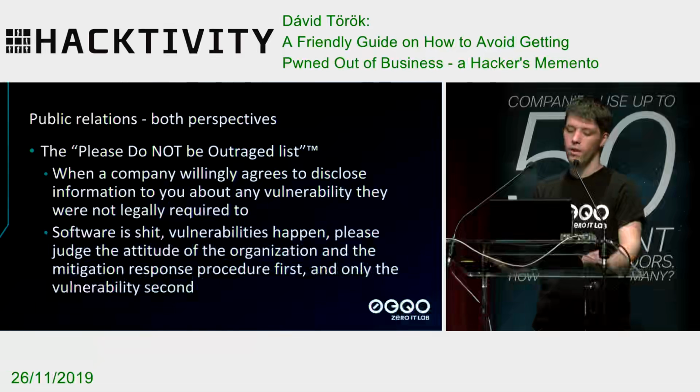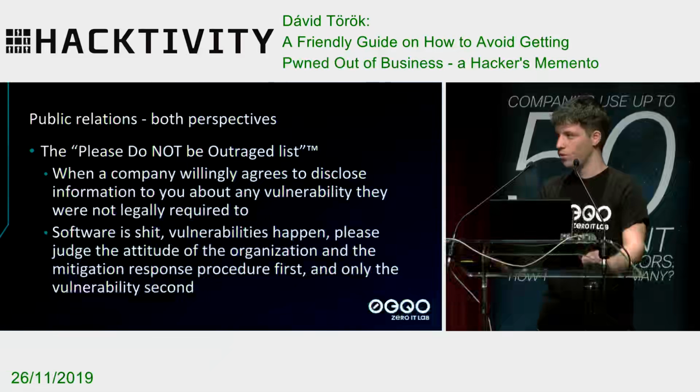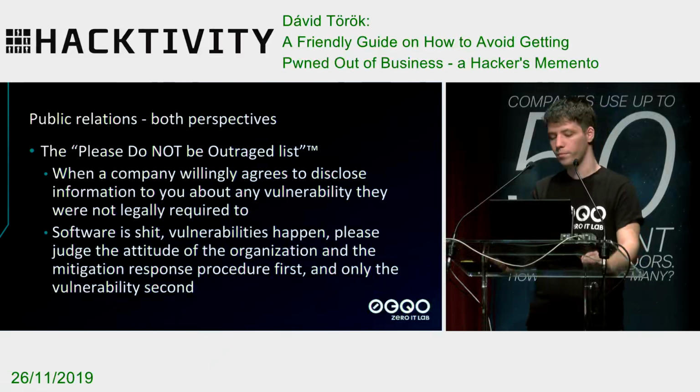Because looking at their attitude and their procedure tells you a lot more about how they perceive this area and how mature they are. So I suggest looking at these things first and only then judging the actual vulnerability. Hope it makes sense.